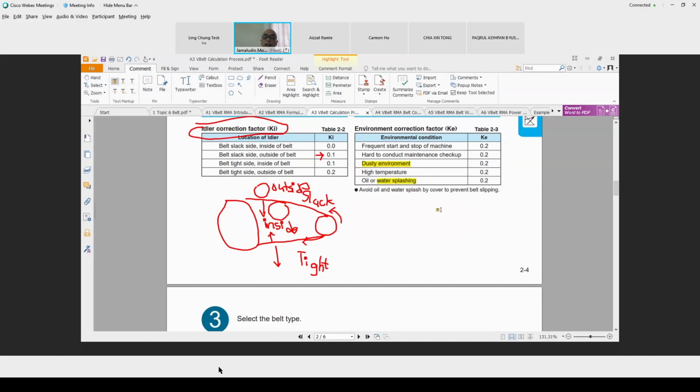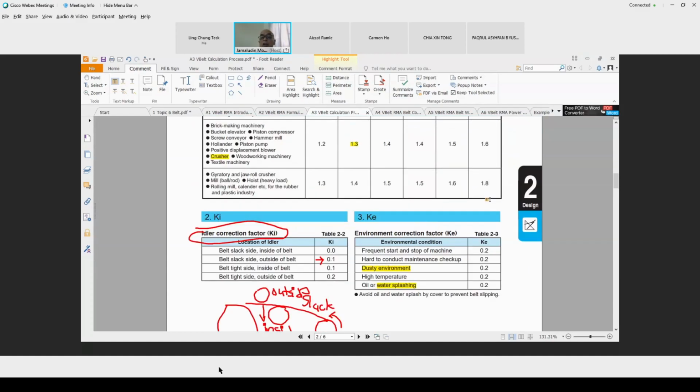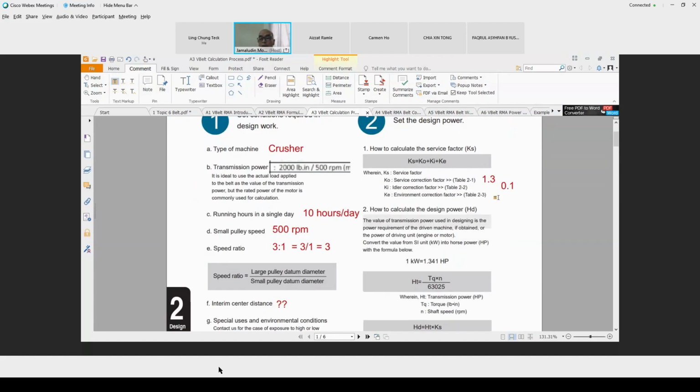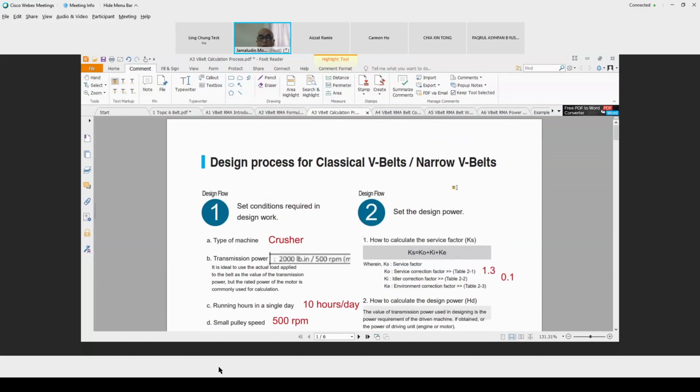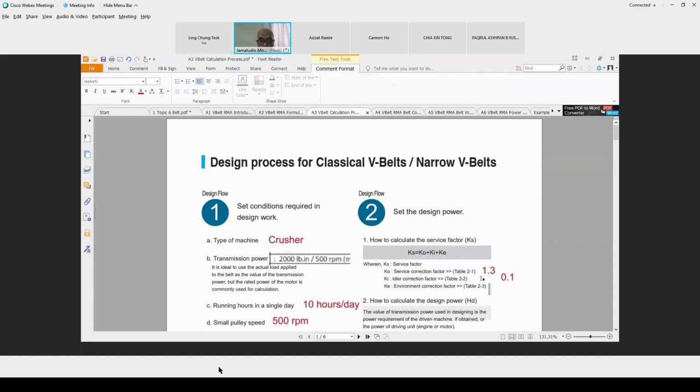That's 0.2, plus another 0.2, which is going to be 0.4. So 0.2 from the dusty and another 0.2 from the water splashing because it's going to be in the rain. Okay, that will be our Ks.